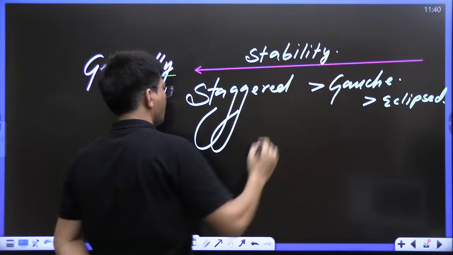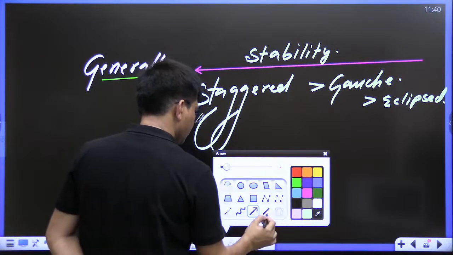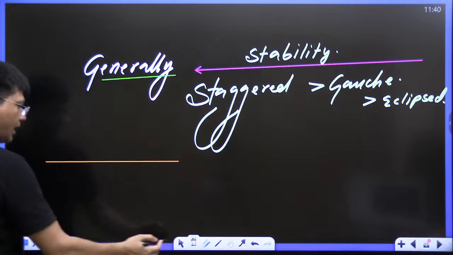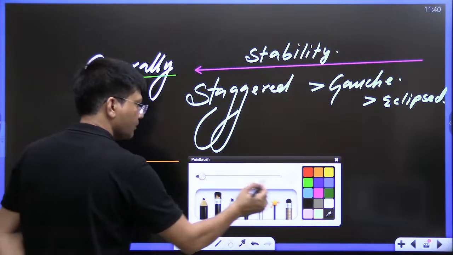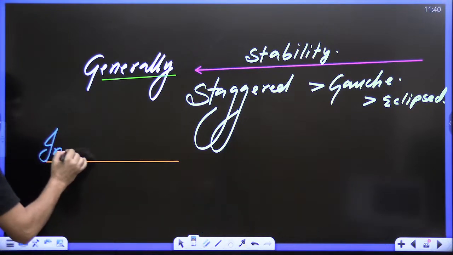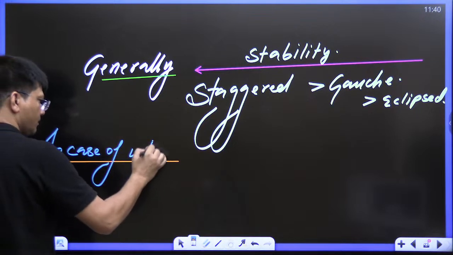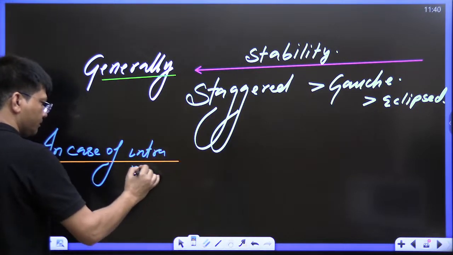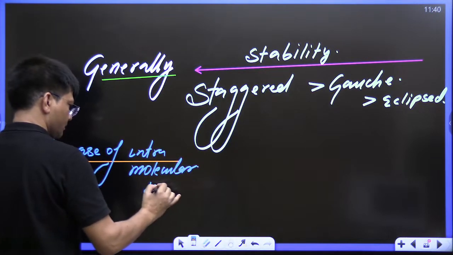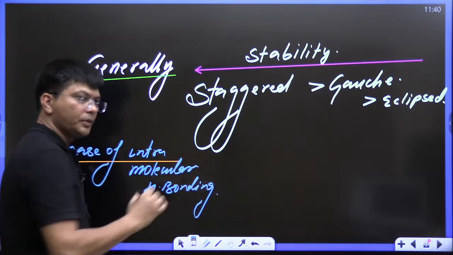But do remember in case of intramolecular hydrogen bonding. What will you say, kids? Which is going to be more stable?